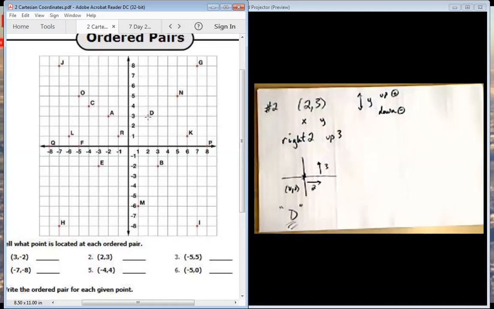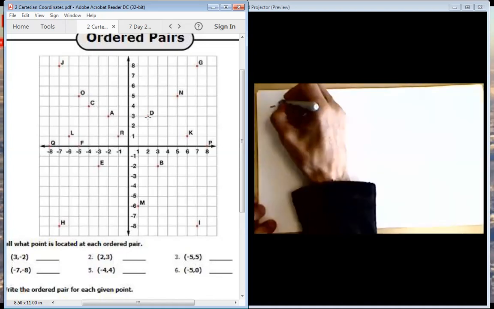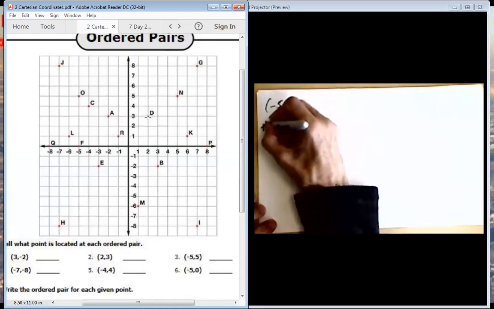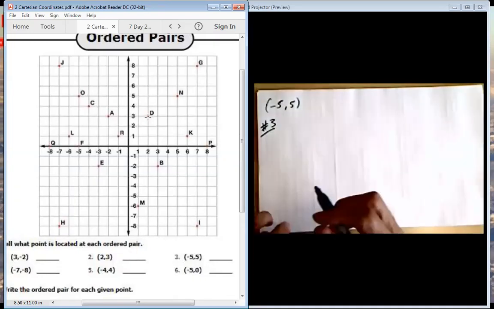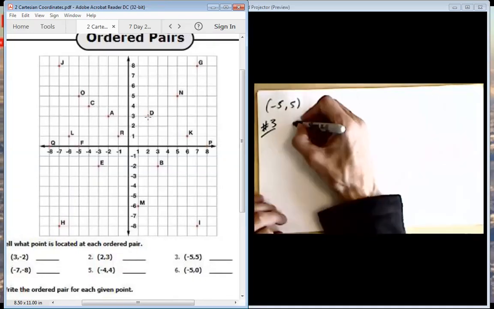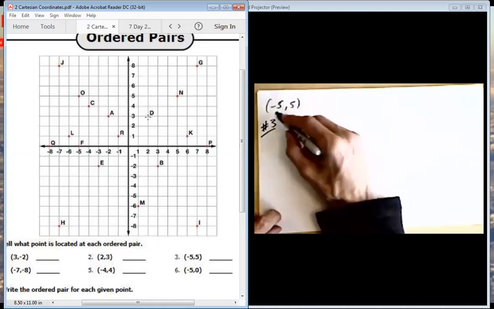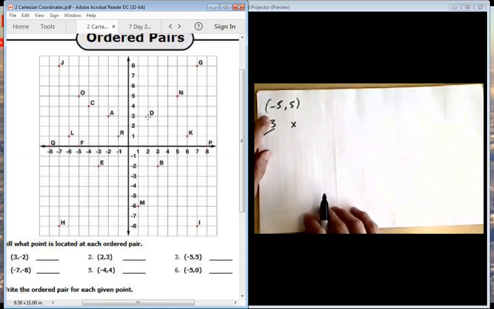The next one, minus 5 and 5, okay. This is number 3. So what's going on with our directions then? For the X direction, the first number there. So it's minus 5, right? So what does the minus say?